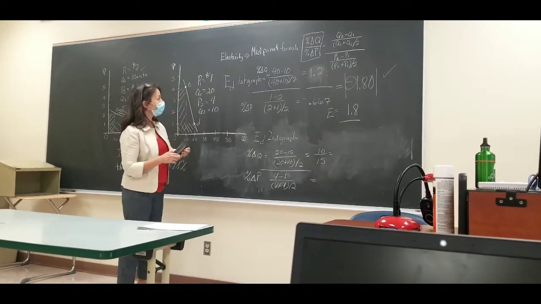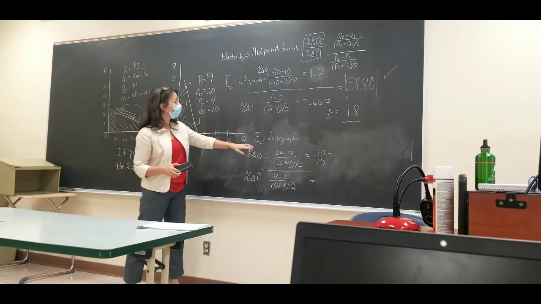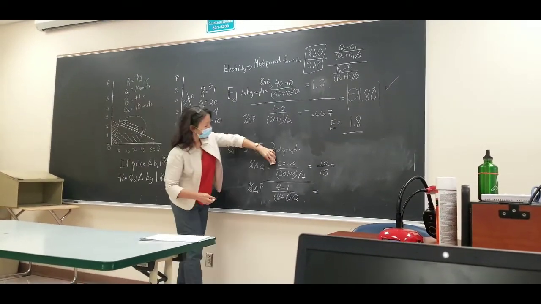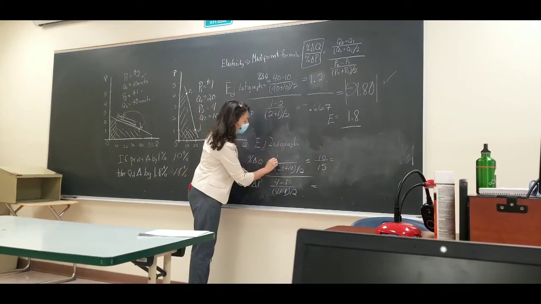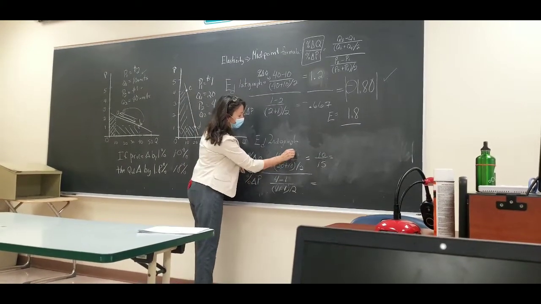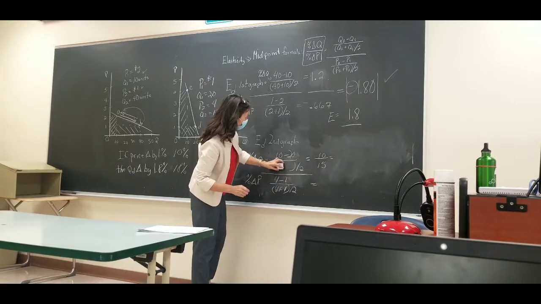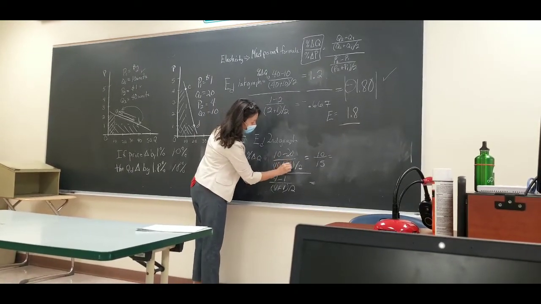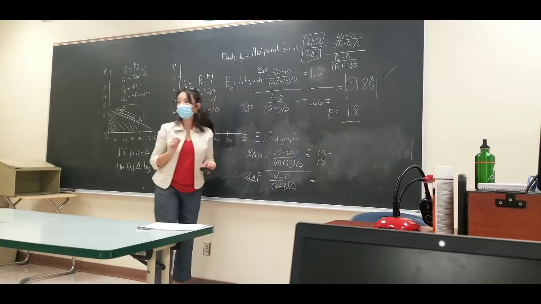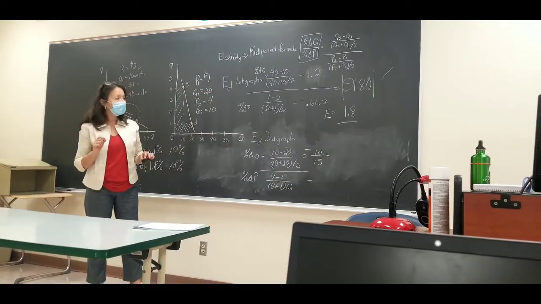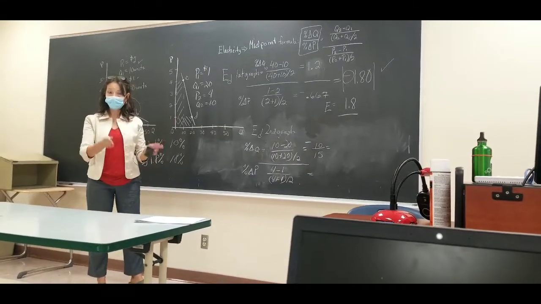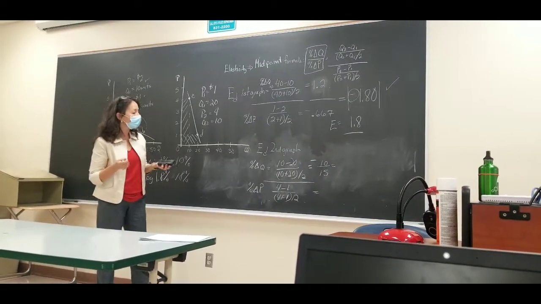Okay, so let's just cross check. Q2 is 10. 10 minus 20, and then we have 10 plus 20, and that gives us a negative sign. Now, if there's no negative sign, it means we're talking about a supply curve, right? So we do have to keep those negatives in mind.